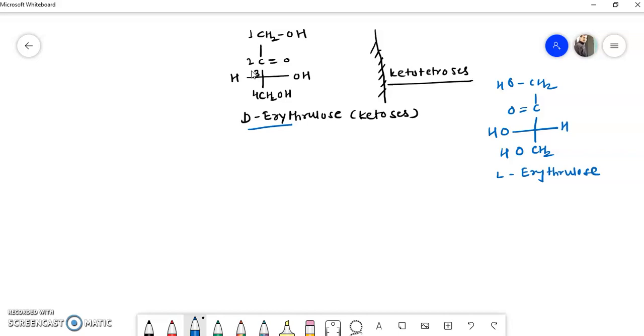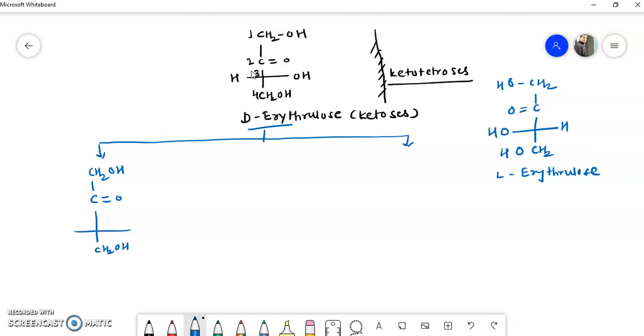Similar to this D-erythrulose, if we add one carbon in this, then we'll get two structures. Okay. So I will draw the structure here: CH2OH, C double bond O, CH2OH. Here we just have to add one carbon more.